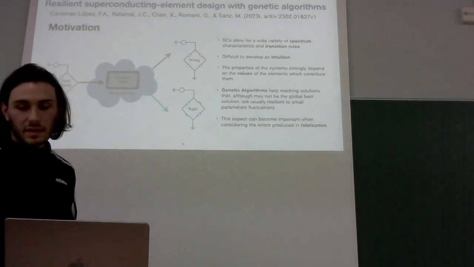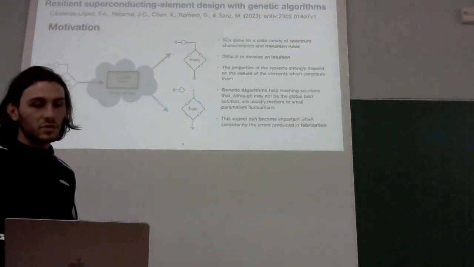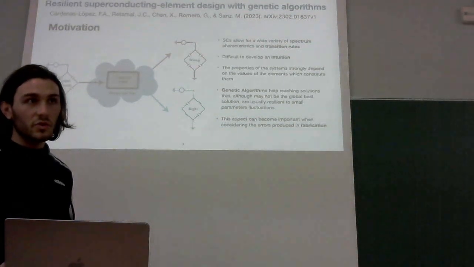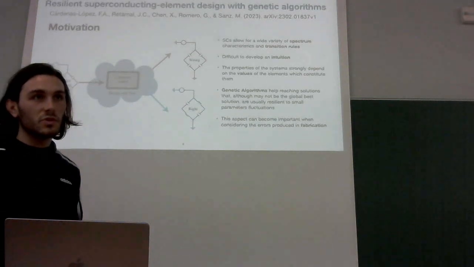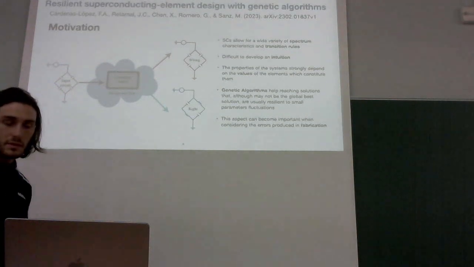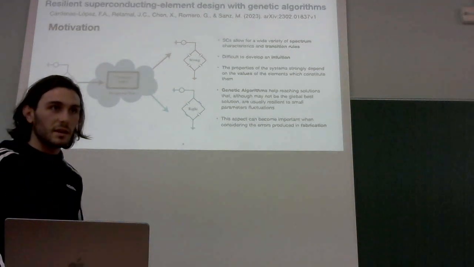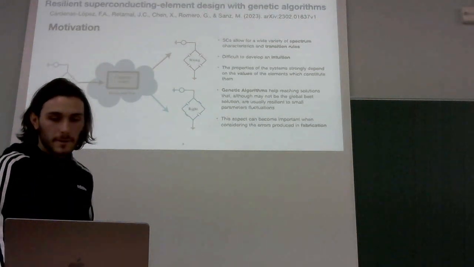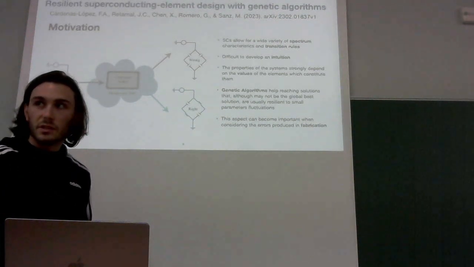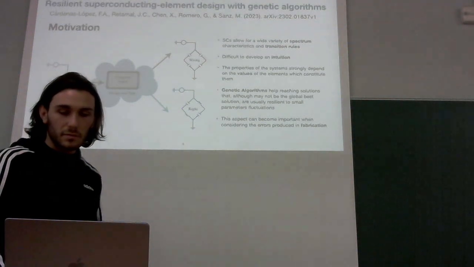But the good thing that they target with this approach of using genetic algorithms is that, although not giving the best global solution, they give solutions that are highly resilient to these parameter fluctuations, which could be really nice in fabrication.